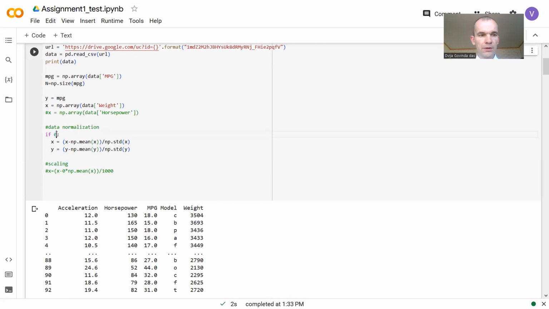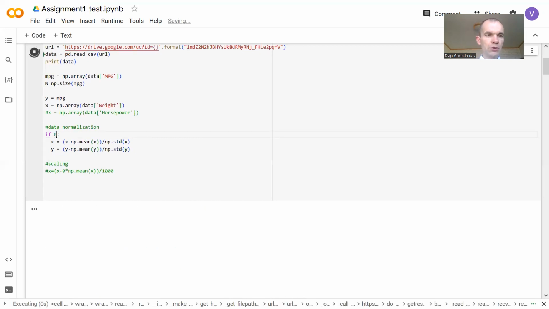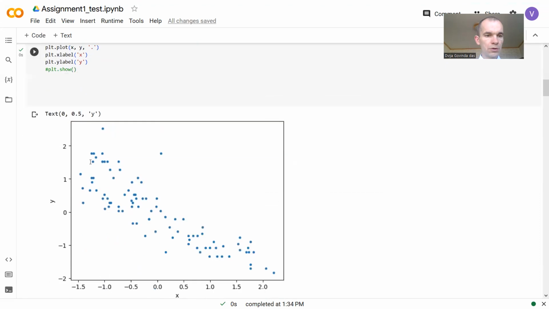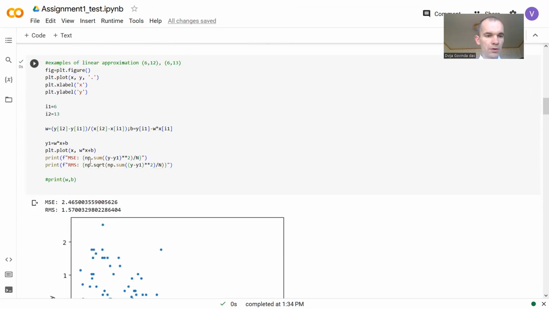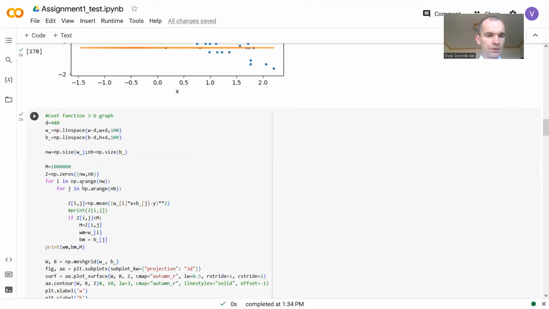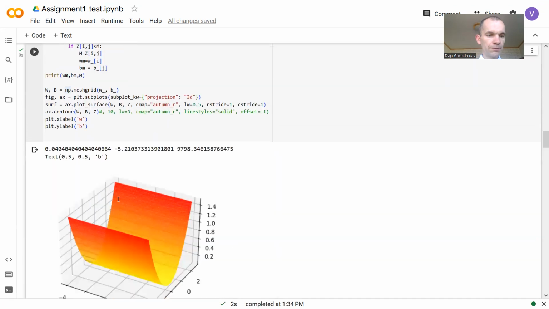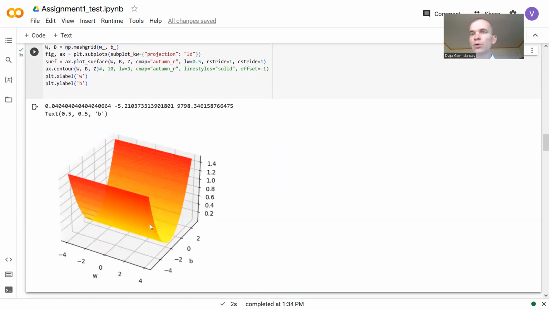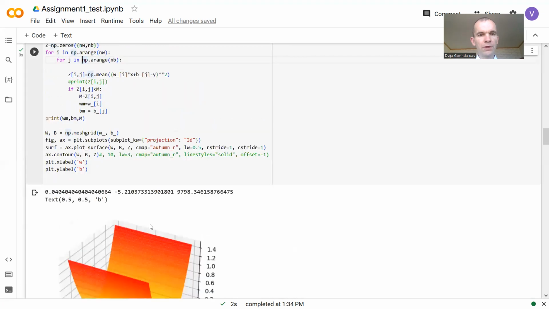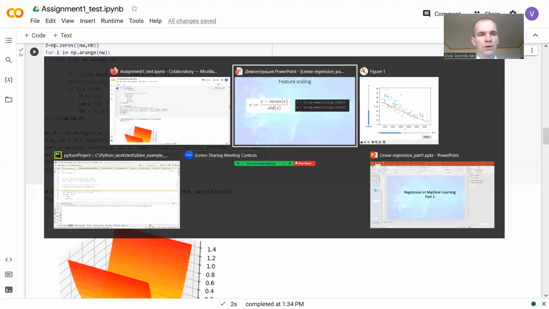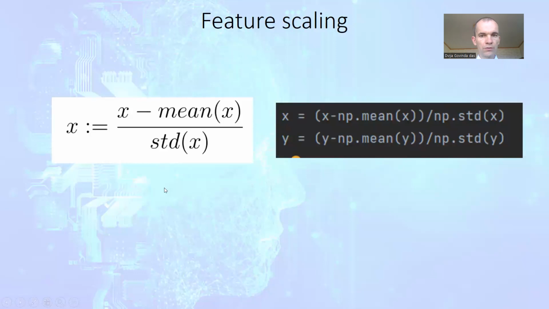If I cancel the data normalization, I will show the difference. The cost function will look in another way. It is still convex, but it's much more difficult to find a point of local minimum. That is why normalization of data is essential.